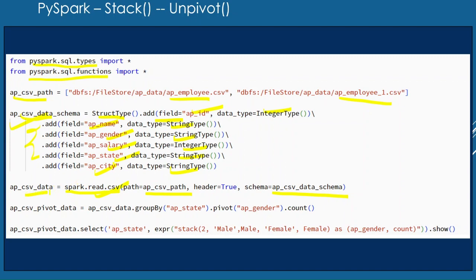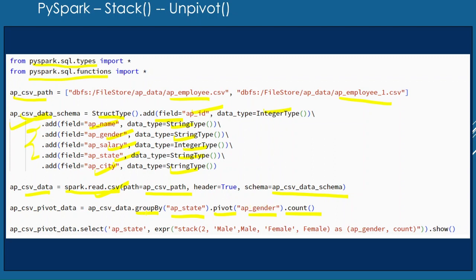Once this data frame gets created, we will group by AP state and pivot on AP gender based on the count. What it is going to do is convert all the rows present in AP gender into columns.